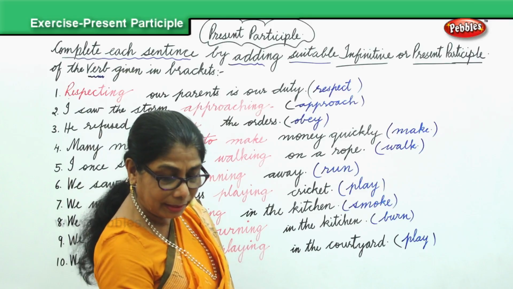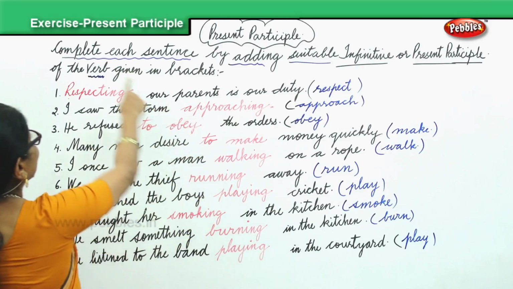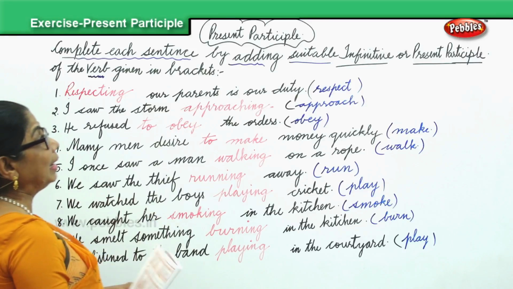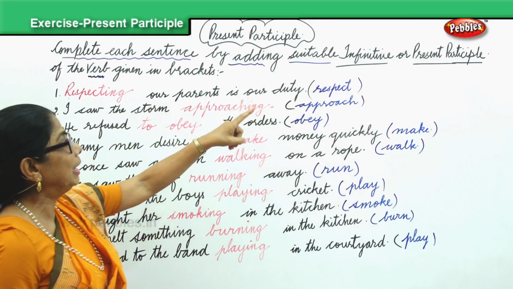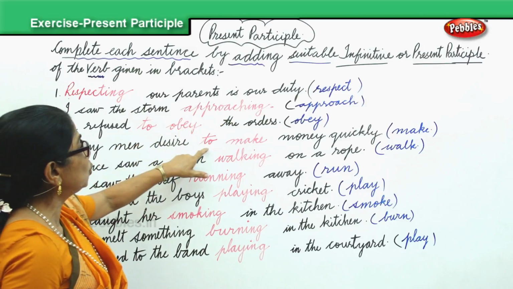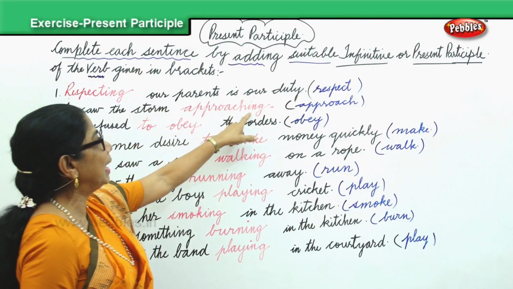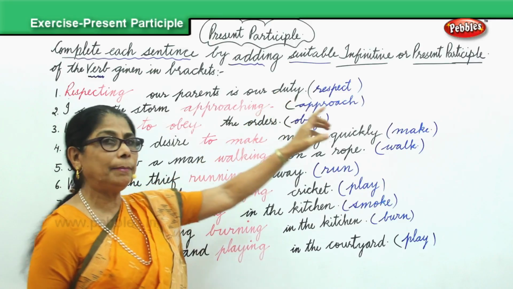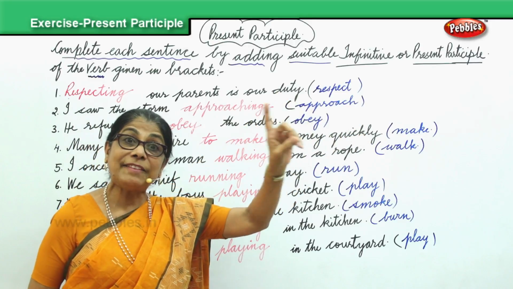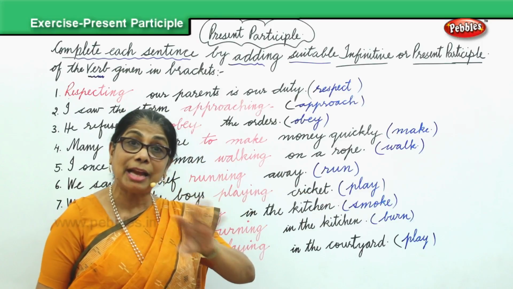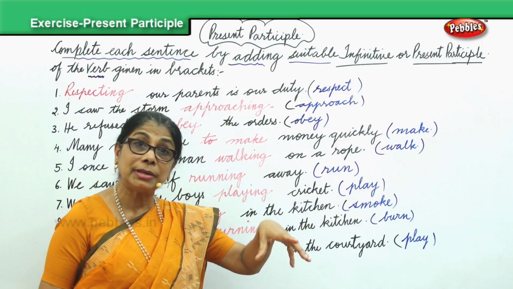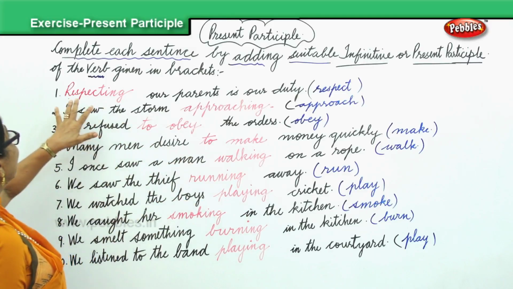So what have we done here? For each sentence, we added a suitable infinitive or present participle. If it is infinitive, we add to. If it is present participle, we add ing, because the verb ends in ing, and either the action is incomplete or the action is going on.